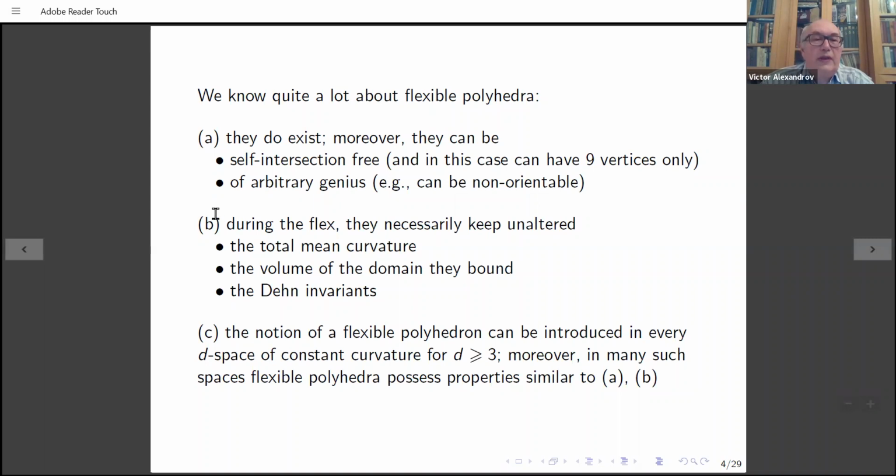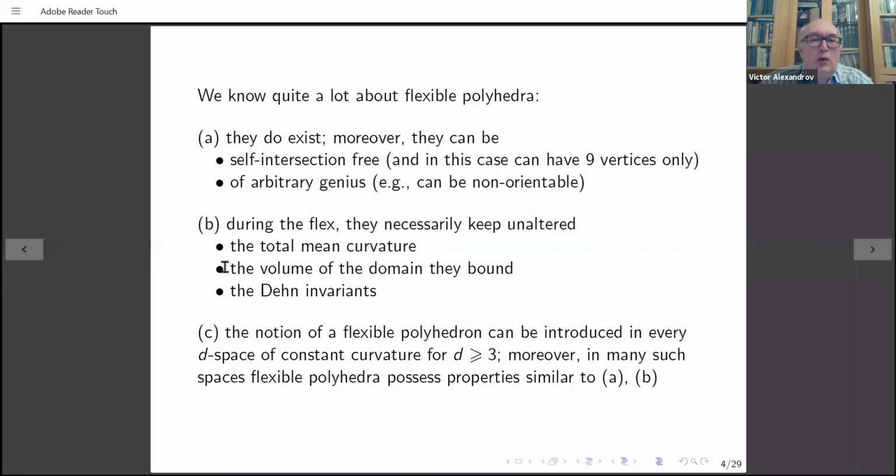The second group of results is the following one. During the flex, flexible polyhedra necessarily keep unaltered the total mean curvature. It's a special quantity that is, in fact, similar to the well-known total mean curvature of a smooth surface.